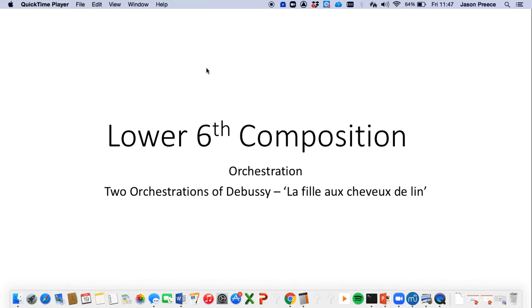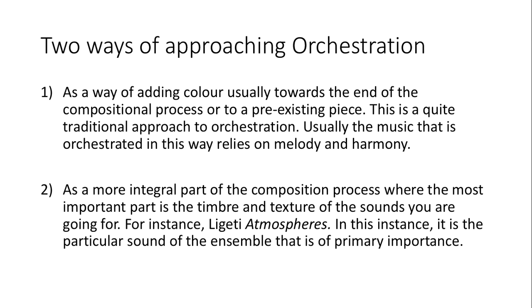Okay, so just before we begin, there are two different ways of approaching orchestration. The really traditional way is usually a way of adding colour to a piece, usually towards the end of the compositional process or to a pre-existing piece. So this is basically what we're talking about with the Debussy. When composers and arrangers have orchestrated this piece, they're taking this piano piece and trying to find a way of adding different kinds of colour to it.